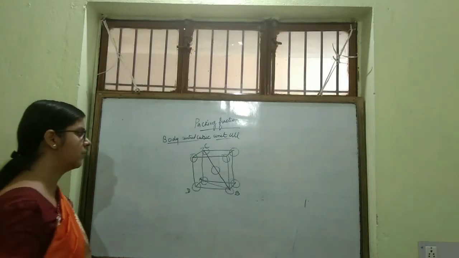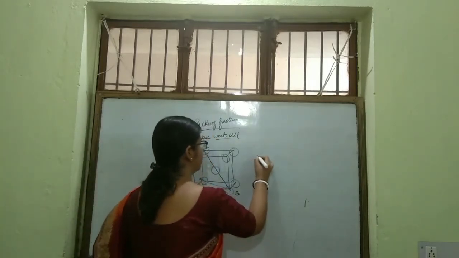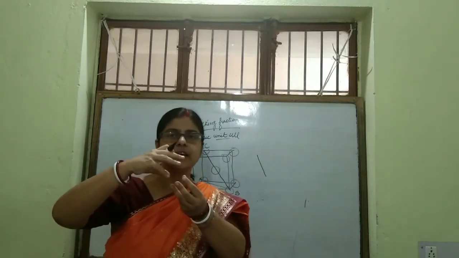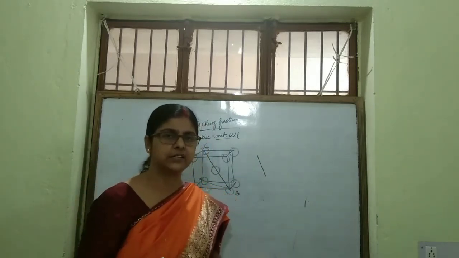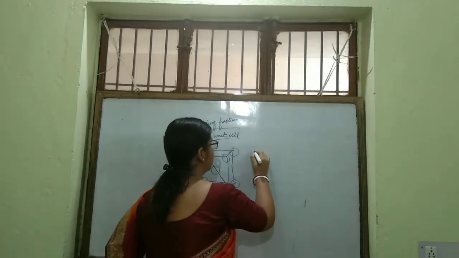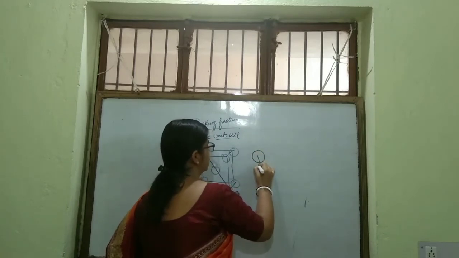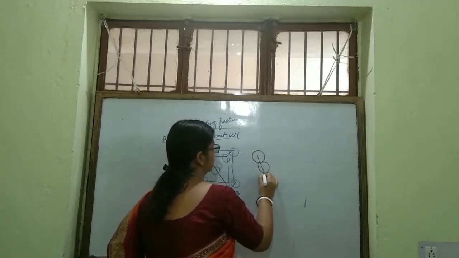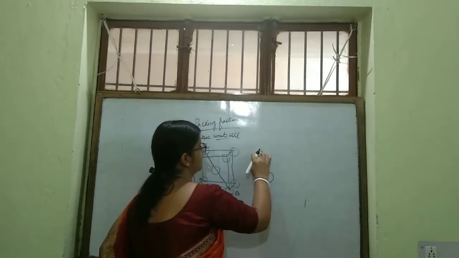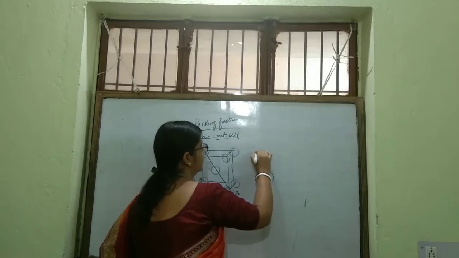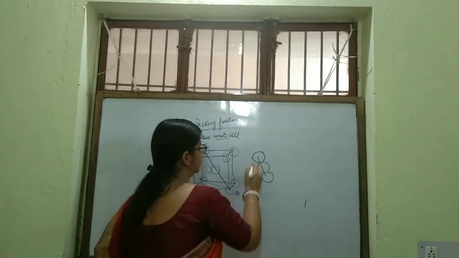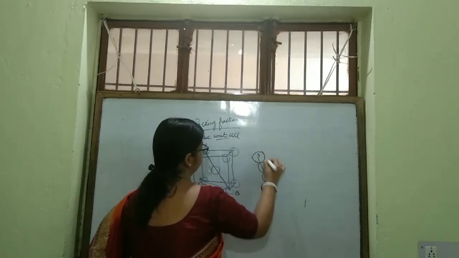Now, again one thing you will have to understand: in this body diagonal, actually the spheres are touching each other. I have not shown this in the figure, but actually the structure is like this. Now you see, this is body diagonal BC.